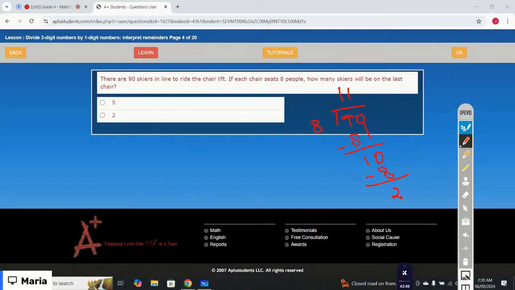The 2 is the correct option, not 5, right? That is option number 2.